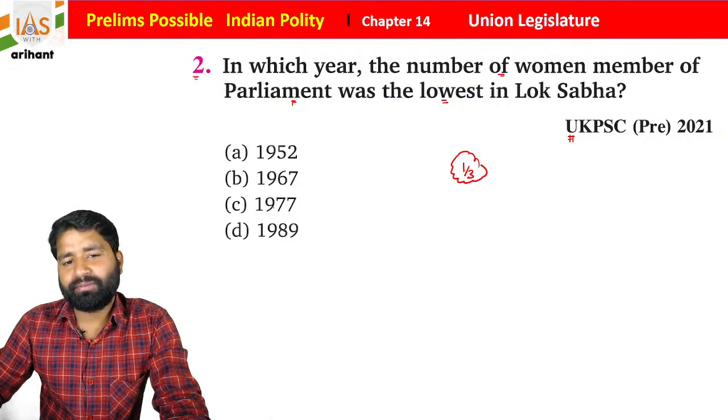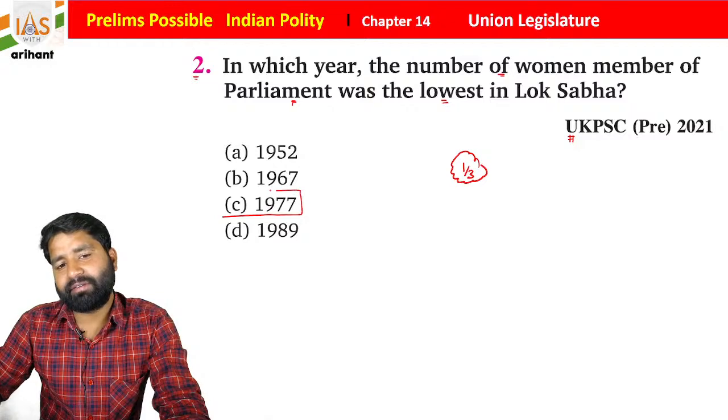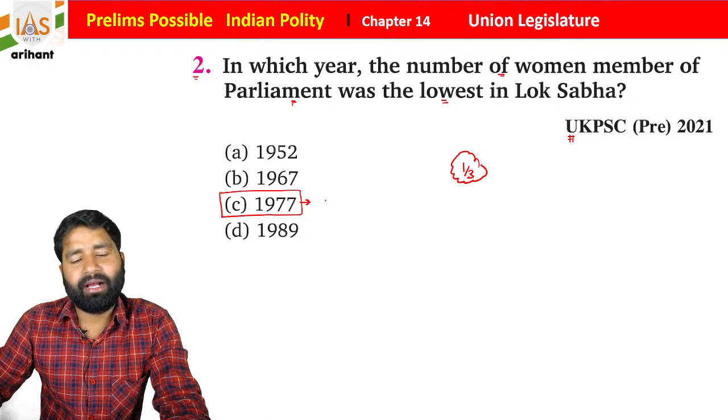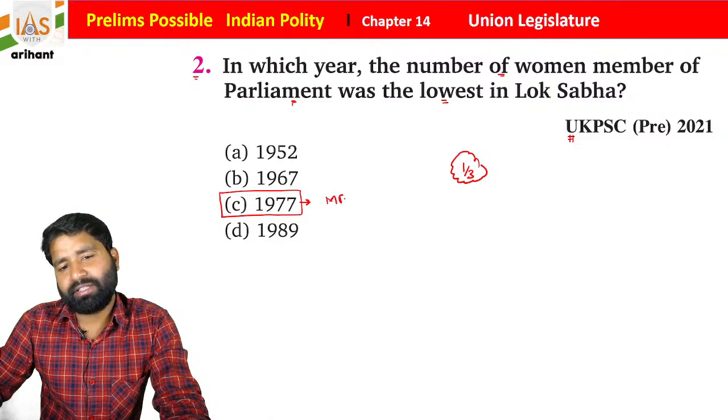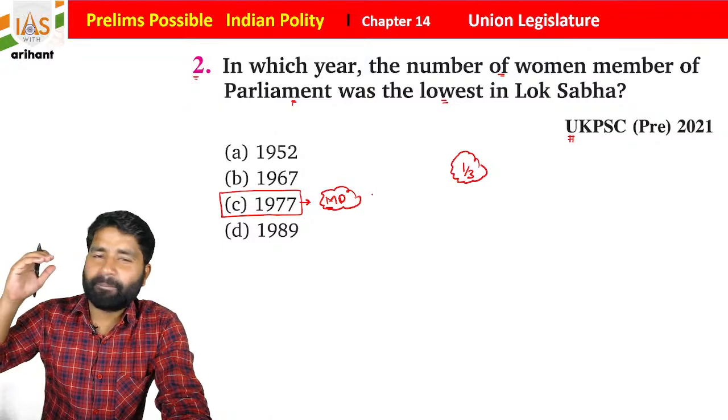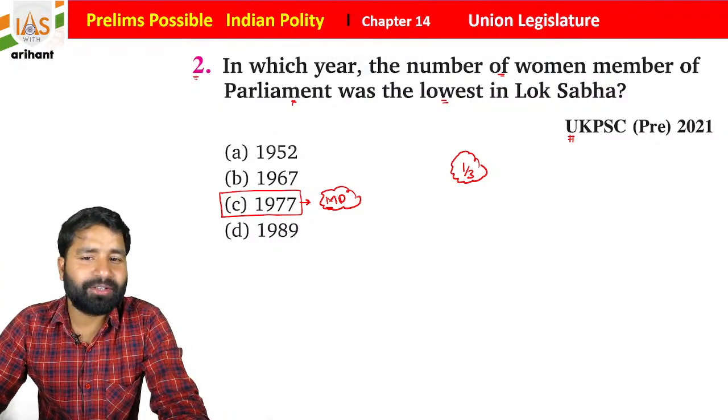So students, in 1977, when the election was conducted, for the first time Morarji Desai came to the government. It was a groundbreaking history made at that time.